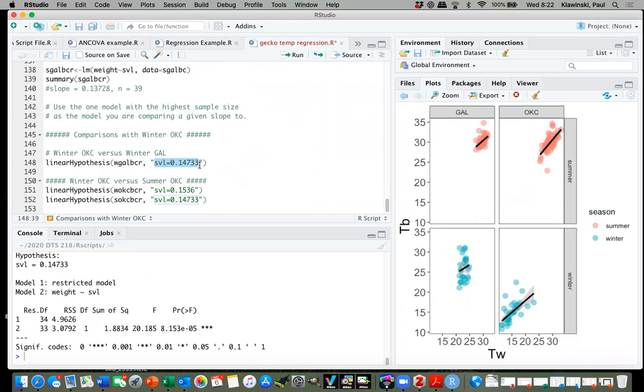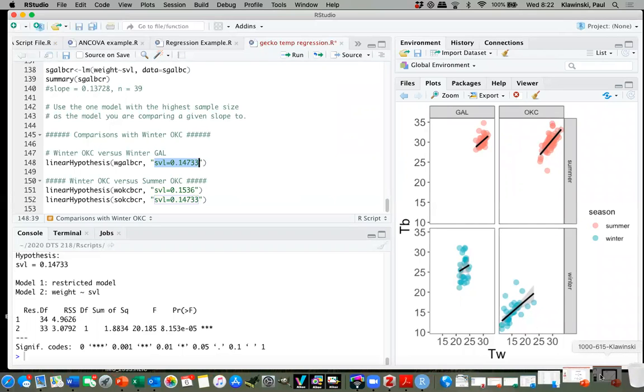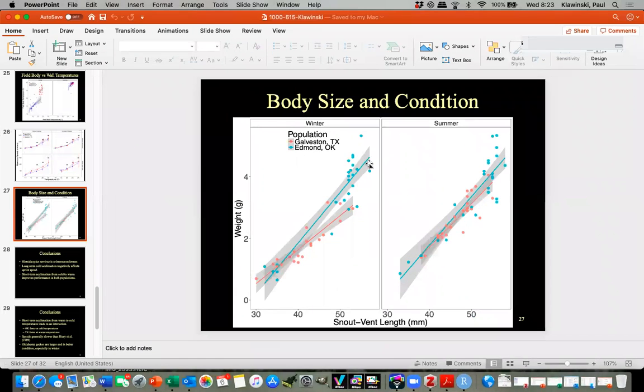Okay, so once again, the results that you get here should comport with what you see in a graphic. Also, when you look at this slope for winter Oklahoma City and this slope for summer Oklahoma City, if you had these two sitting next to one another, those slopes look fairly similar.